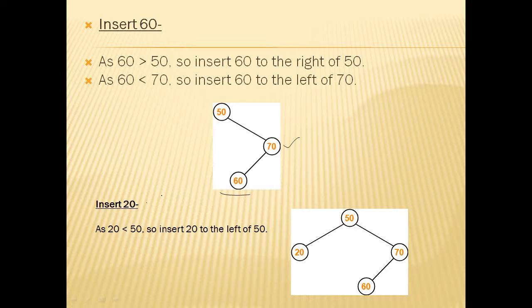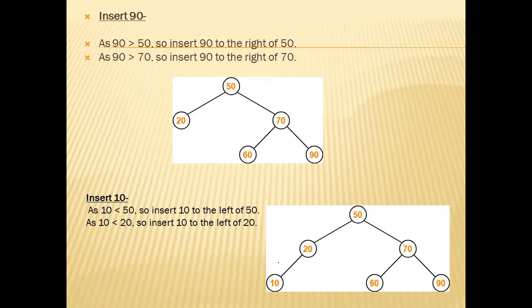The next element is 20. 20 is less than 50. If the element value is less than the root value, we place it on the left hand side, so we place 20 on the left. The next element is 90. Again we compare 90 with the root, 50. 90 is greater than 50, so we insert it on the right hand side of 50.